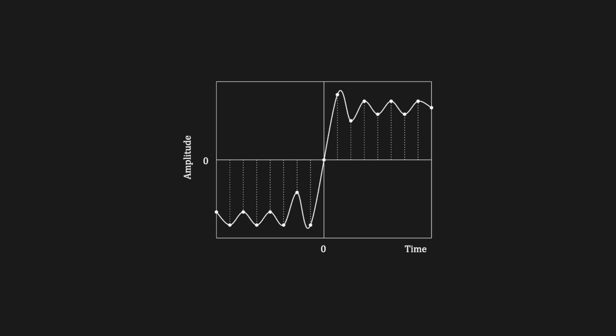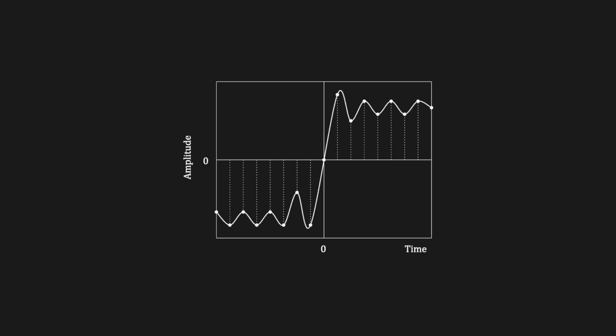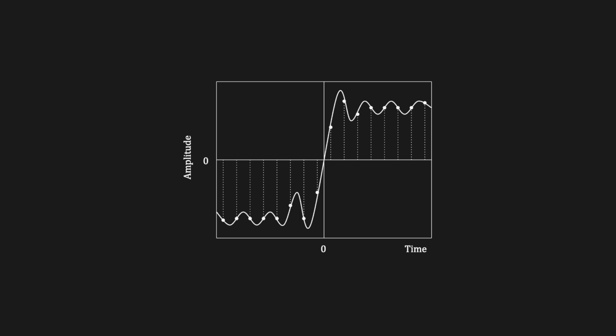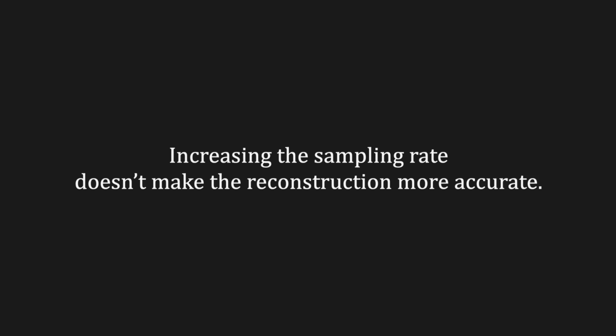This shows that digital samples contain enough information to describe the parts of a waveform that occur between sampling points. The reconstruction works no matter where the samples fall in time, as long as the signal is band-limited. Increasing the sampling rate doesn't make this reconstruction more accurate. It only increases the number of samples within the same perfectly captured waveform.